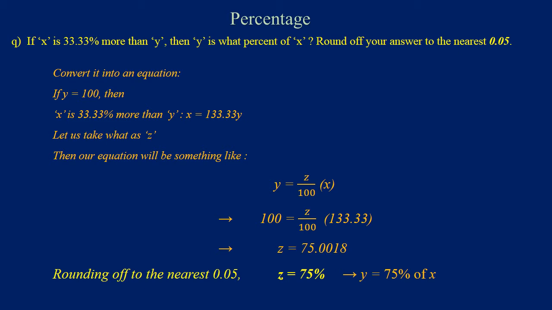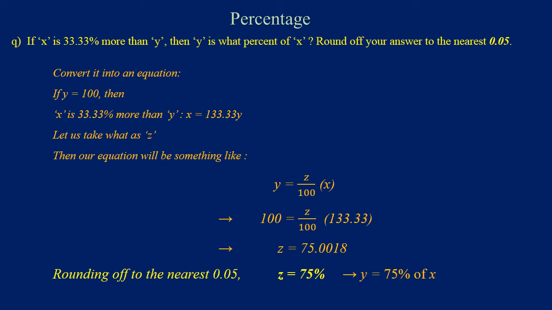But the question asks for another thing, and that is to round off our answer to the nearest 0.05. Now it's a very easy question. The only thing that you'll find difficult in it is to round the answer to the nearest 0.05.